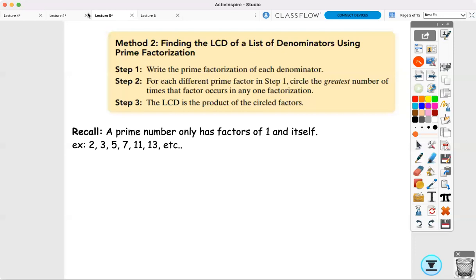All right, guys, was 4 minutes enough for you to get down these steps and this recall?